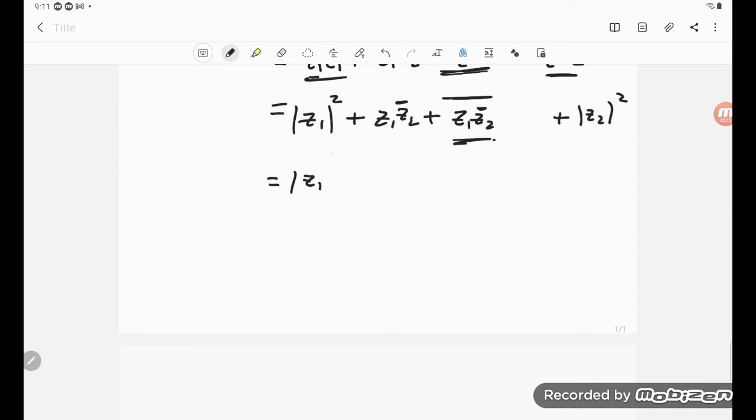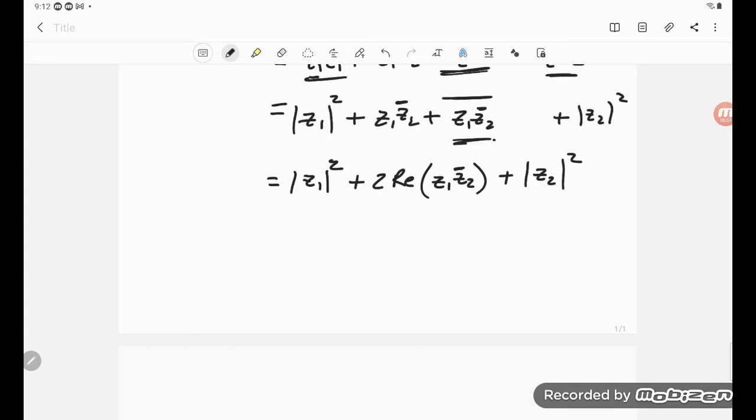So this is absolute value Z1 squared plus, just a minute here. Okay, so this ends up being 2 times the real part of Z1 Z2 conjugate, and then plus absolute value Z2 squared.